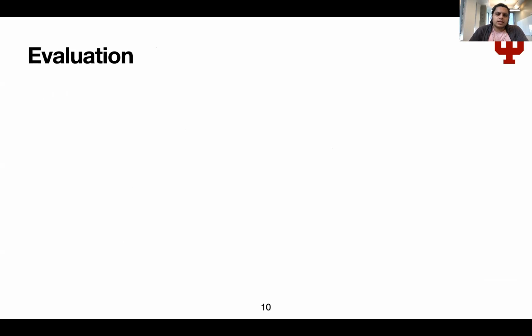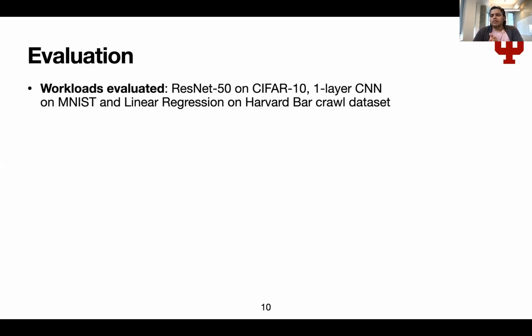Evaluation. We test on 3 workloads, trying to cover a spectrum of different computational complexities. We have ResNet running CIFAR-10 image classification, which has 50K training images and 10K test images across 10 classes of labels, a single layer CNN on MNIST data, and a linear regression problem on the Harvard bar crawl dataset.